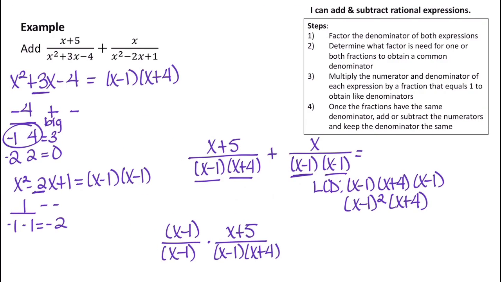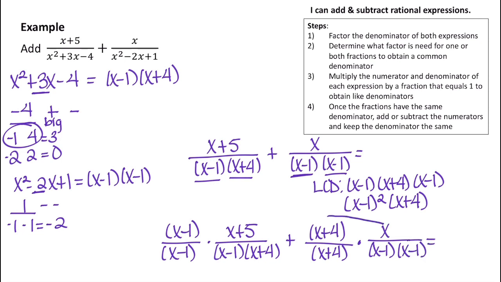So now let's figure out how to multiply the second fraction to get a common denominator. The missing factor there is that x plus 4. So I'm going to multiply that second expression by x plus 4 over x plus 4. So we multiply by x over x minus 1 times x minus 1. And so when we do that, that x is going to distribute to every term in that numerator.